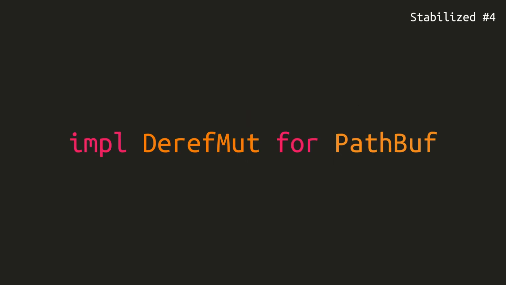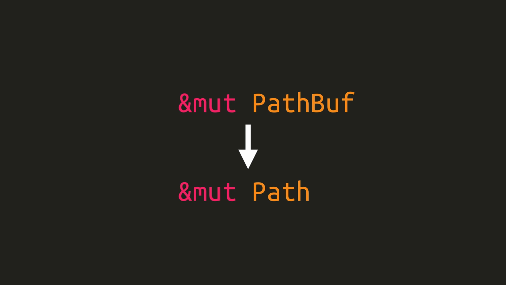The fourth thing that was stabilized is a DerefMut trait implementation for the PathBuf struct. This is mostly useful so that a mutable reference to a PathBuf can be implicitly coerced to a mutable reference to a Path when you've got one but need the other. Deref coercion is an interesting topic, but too big to go over right now, so if you want more details, check out the link in the description.